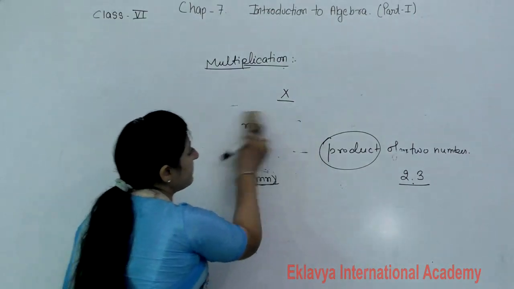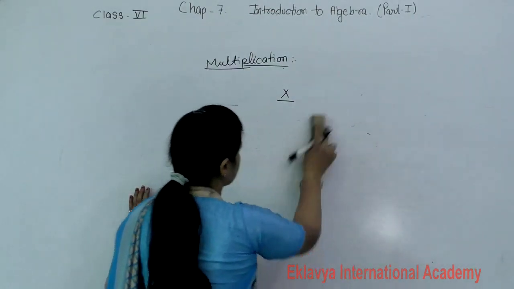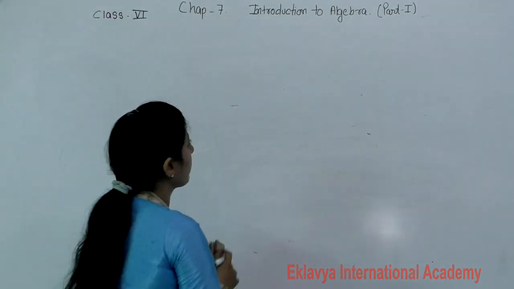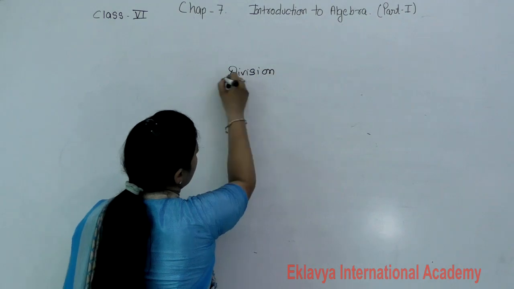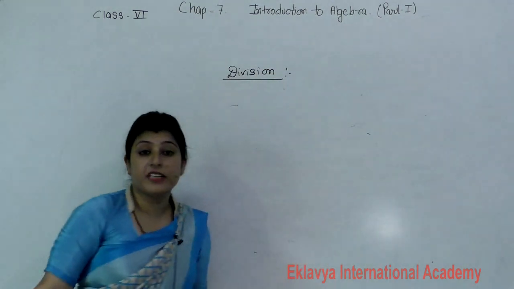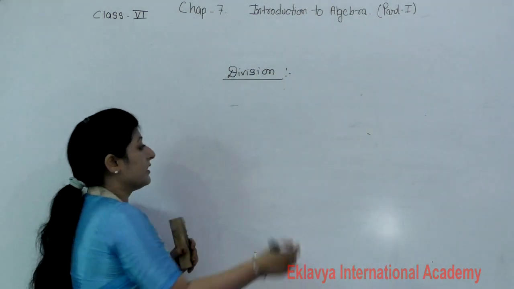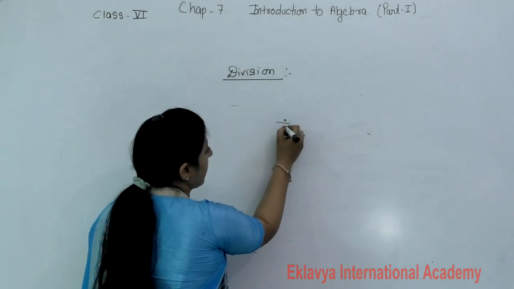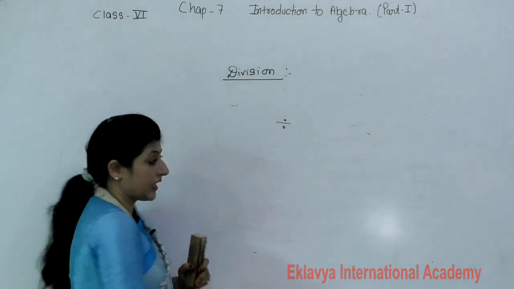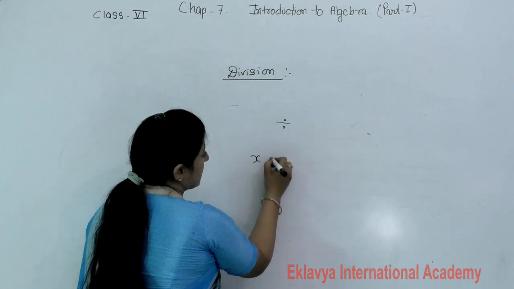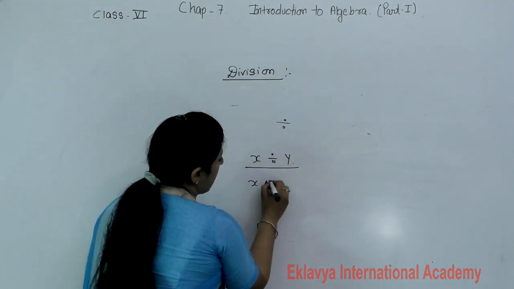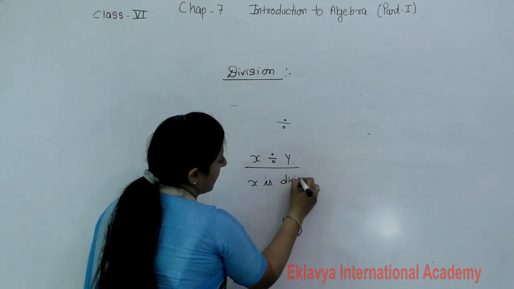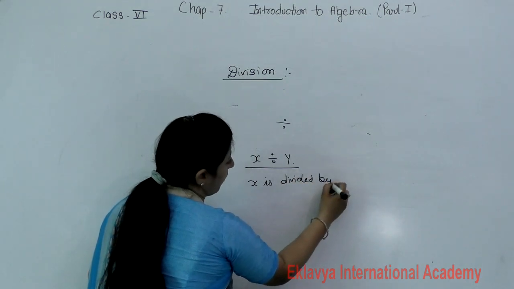Now see the division. In division, simply division is denoted by this sign. x is divided by y. What is the meaning of this? x is divided by y.